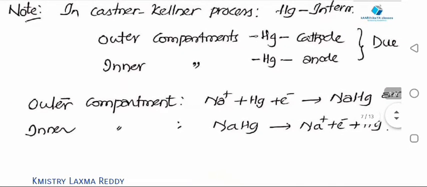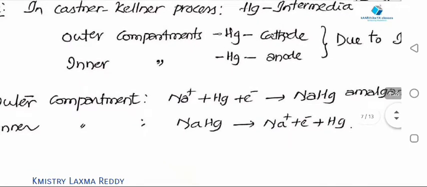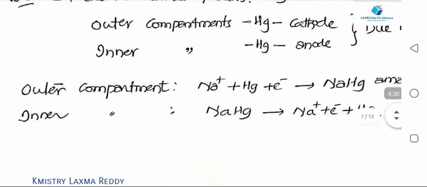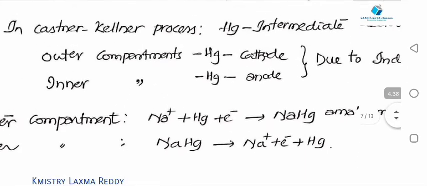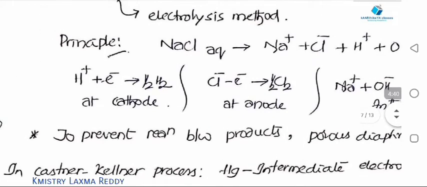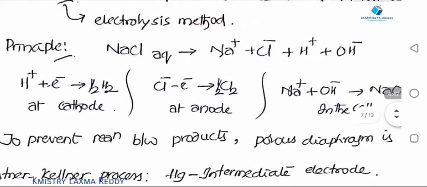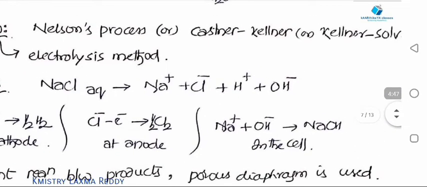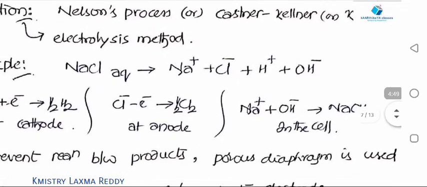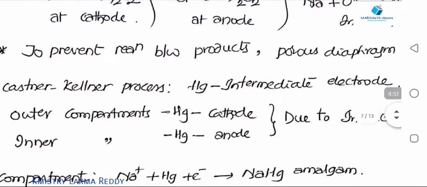So in outer compartment, graphite will be anode, which gives you chlorine gas. In the inner compartment, iron rods will be cathode, which gives you hydrogen gas. And in the cell, you are going to get sodium hydroxide. The reaction is the same, but the only difference is, if you are using mercury as cathode, then the method is called Castner-Kellner process. That is also called mercury cathode method.